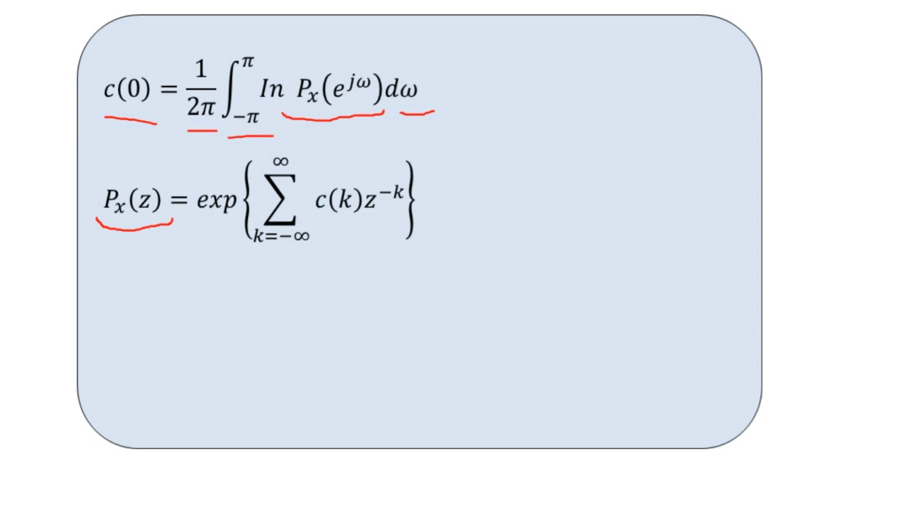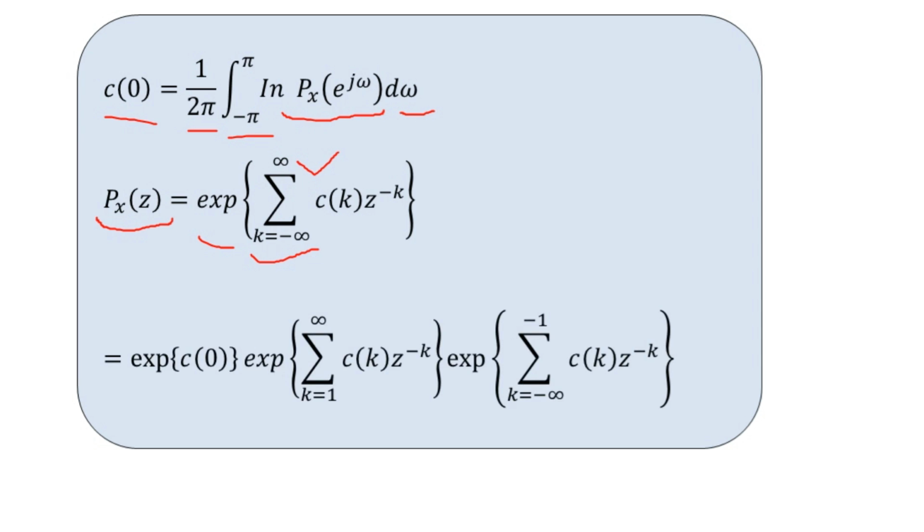It is represented as the exponential function of the summation over k from minus infinity to plus infinity of c_k z^{-k}. From this expression we can split it into three forms. As we have the range of k from minus infinity to plus infinity, in the next step we split this range into three.